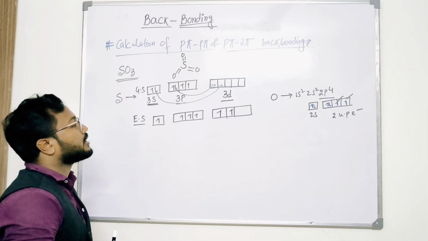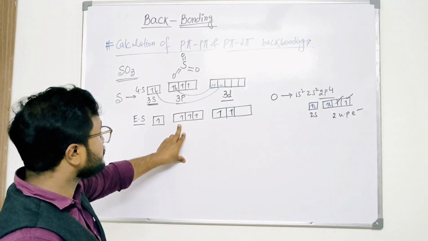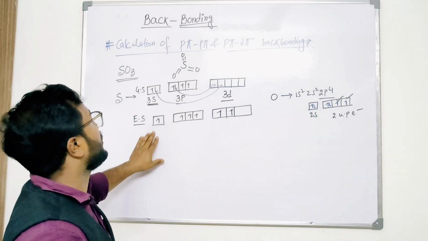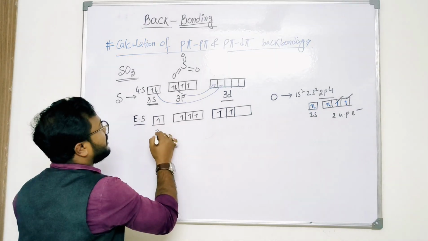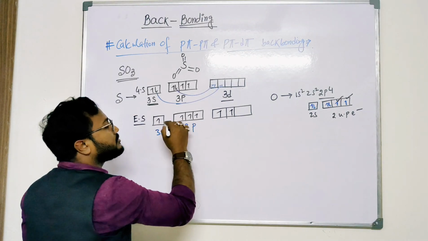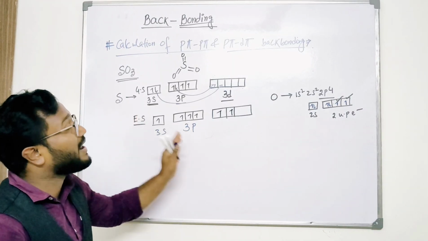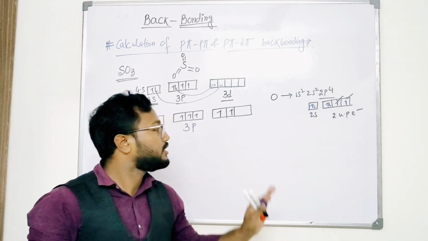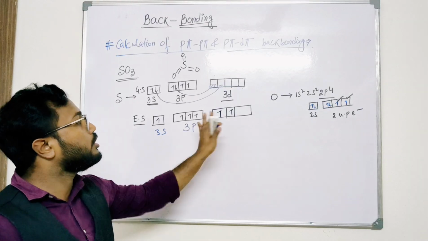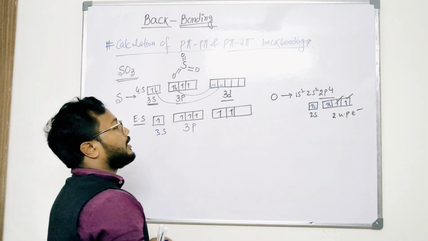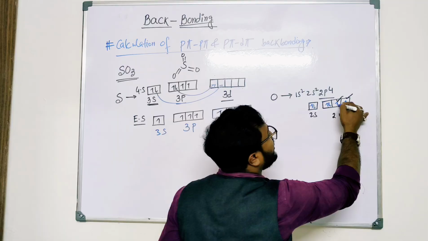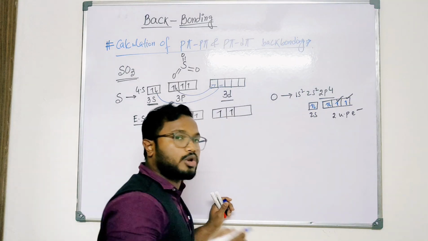Now you can check here: 1 3s and 3 3p orbitals are having 1 electron each. 3d also has 1 electron. We'll talk about d later. Now for each oxygen you can check there is 1 electron available.